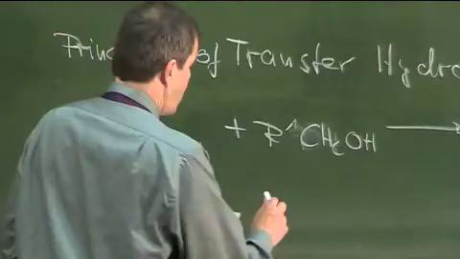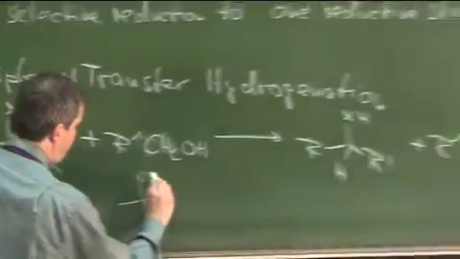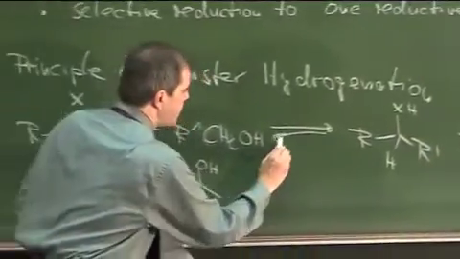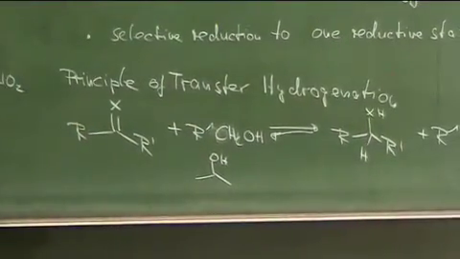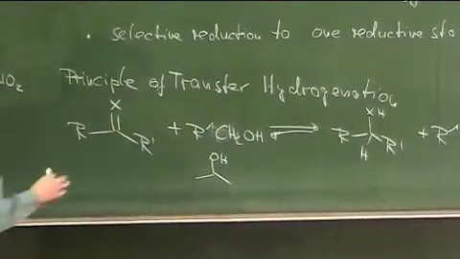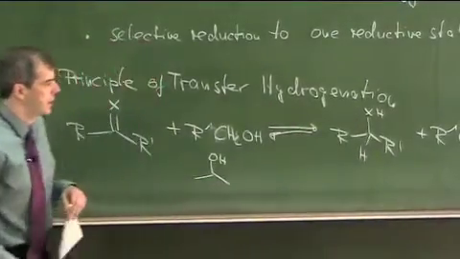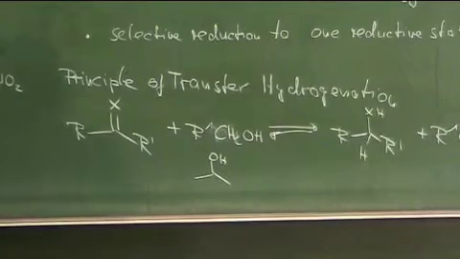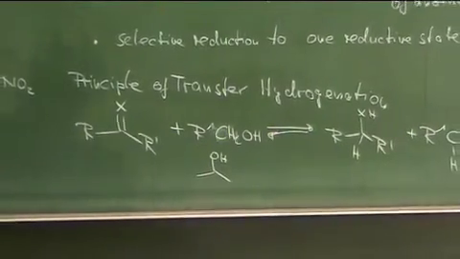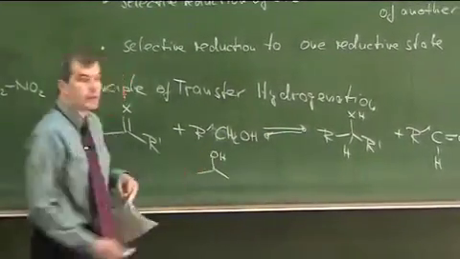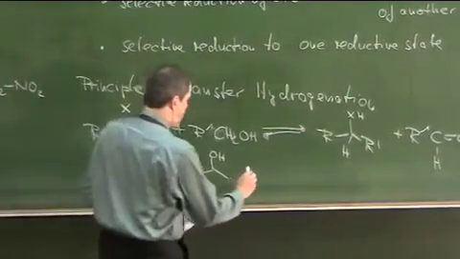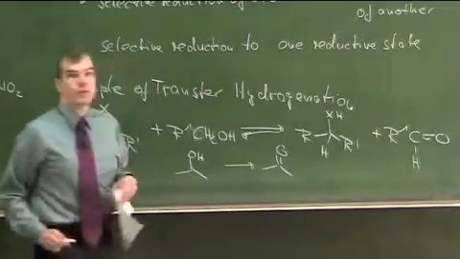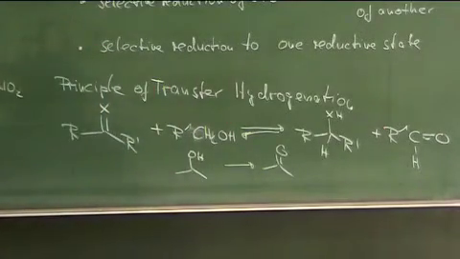And there are very good, very inexpensive reagents for this, which you can use in excess, because you clearly see that these types of reactions might be reversible, so you have to drive them over to the right side. This can very often be done by using your alcohol reagent in excess. And there are very simple, inexpensive alcohols available, such as isopropanol, which is converted in the process into acetone.